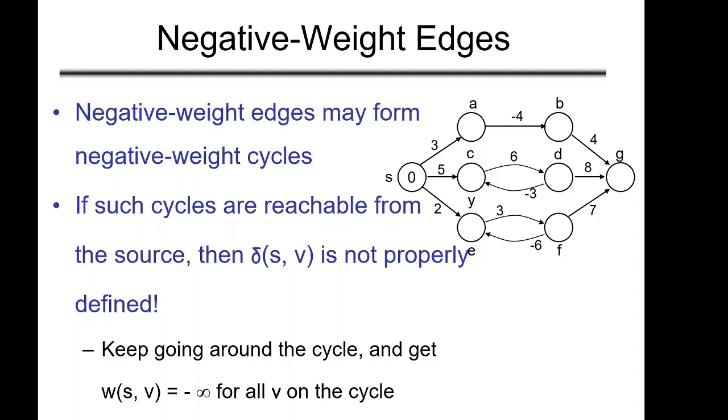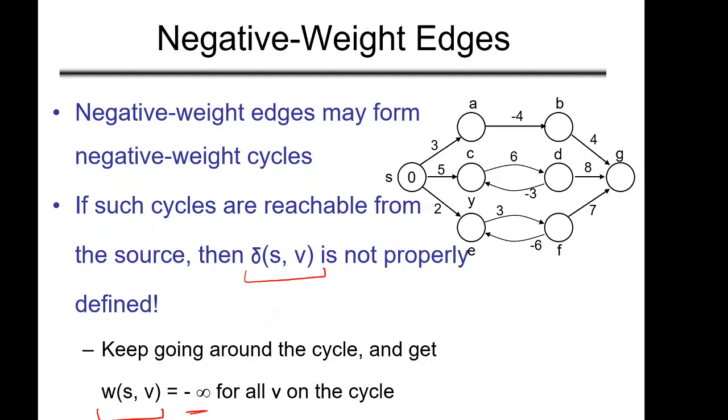Because you can walk through this cycle again and again many times, so it will lead us nowhere. If such a cycle is reachable from the source, then the shortest path weight is not properly defined, because we can keep going around the cycle and get more negative weights. So in such cases we put the weight of such a pair as minus infinity.